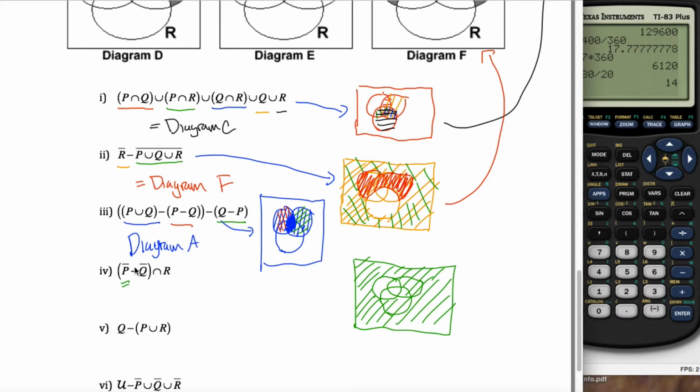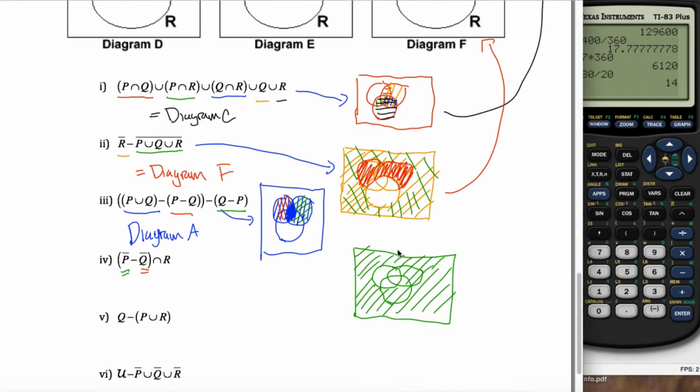And from that, I want to take away Q complement. Q complement is everything that's not in this circle right here, so I want to take away all of this. How about I represent this entire thing in red. I want to take away everything that's not in this circle right here. That just leaves me with this region right here.